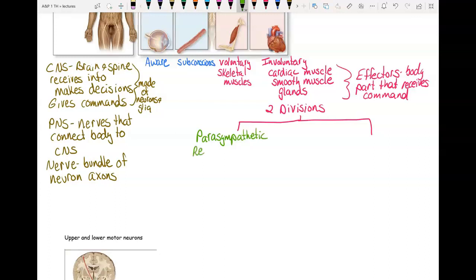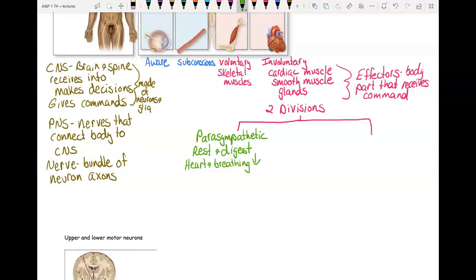Parasympathetic is your rest and digest. So this is when you're calm, you're relaxed, and while you're resting and relaxed is when you tend to focus on digesting food, on healing, on general housekeeping of your body. So during this time, you're resting, so your heart and your breathing are going to be slowed down.